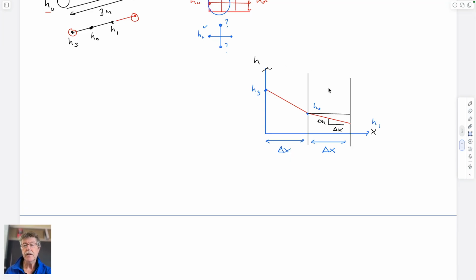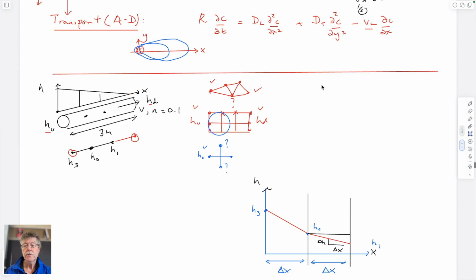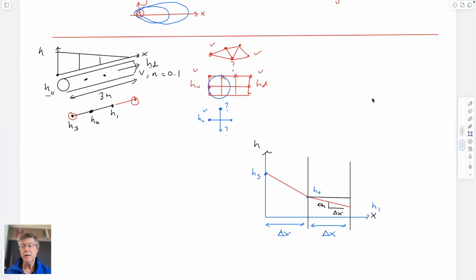If we want to calculate what each of these two components are, I call this 1, and I call this 3, just because they're closest to H1 and H3.